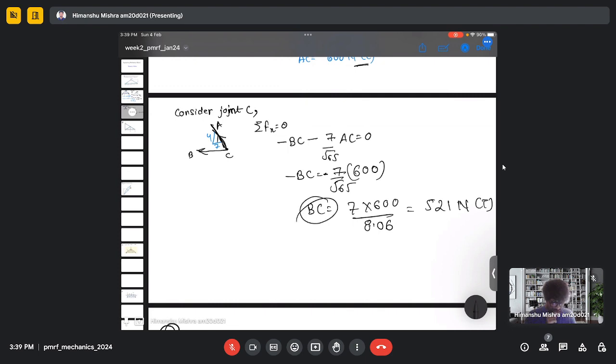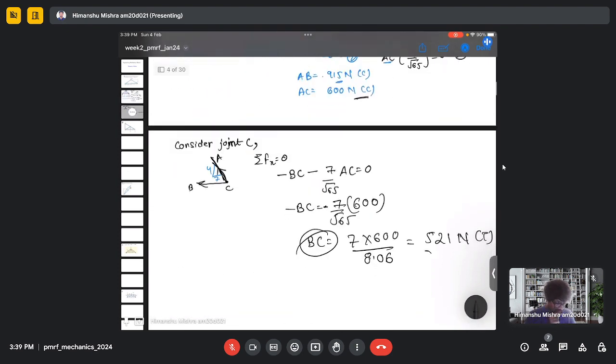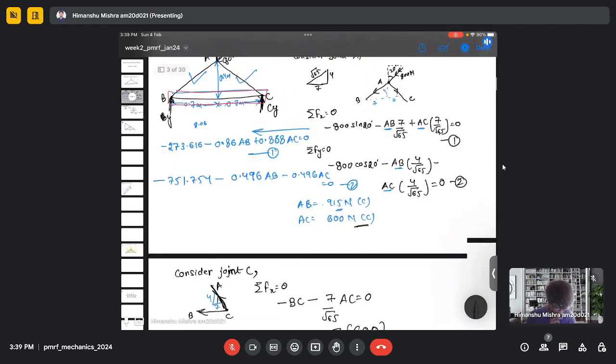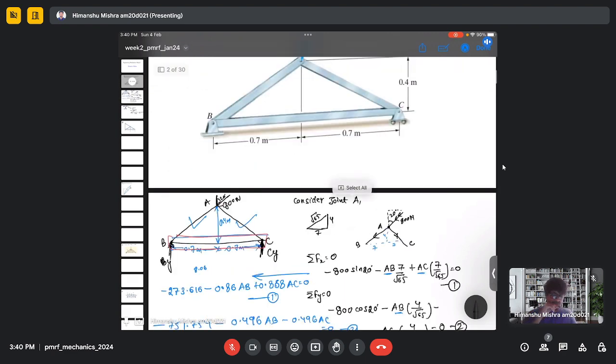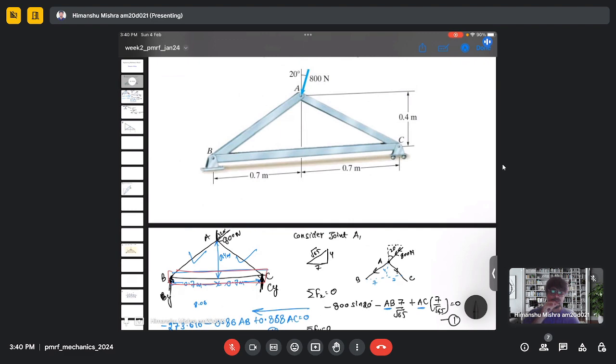So at member BC, we have 521 Newton, and at the other members, we calculate the force by solving equation 1 and 2. So overall in the method of joint, you need to do the force balance at each joint to calculate the force at each member. So this method is easy, but it's a little time consuming method.